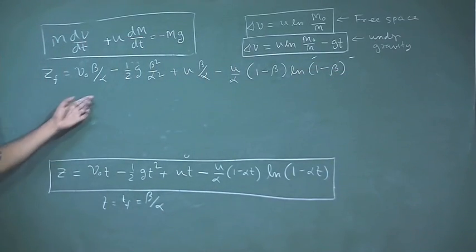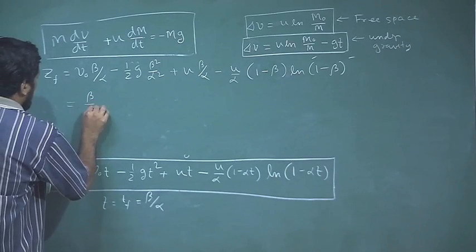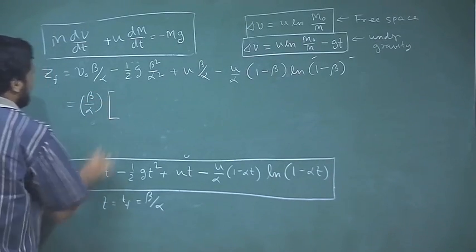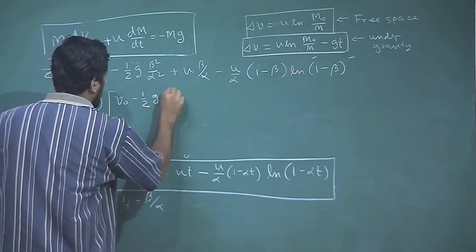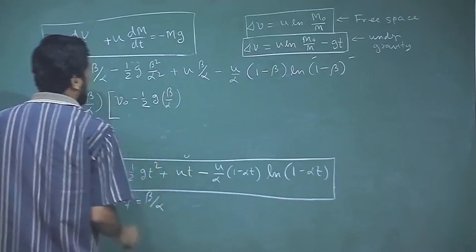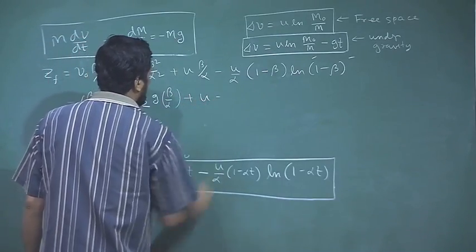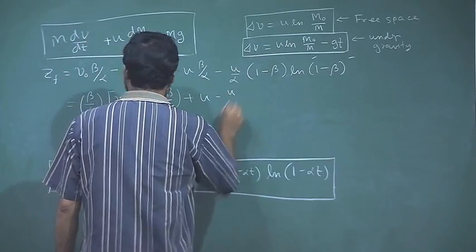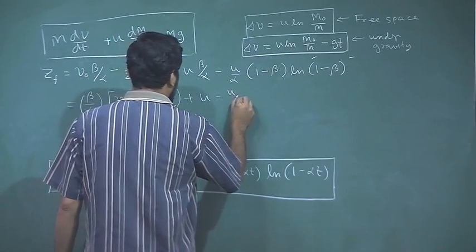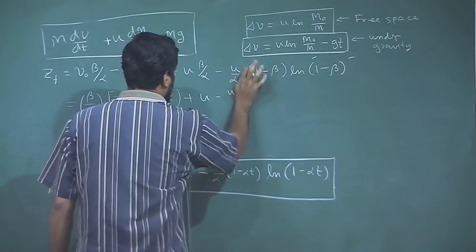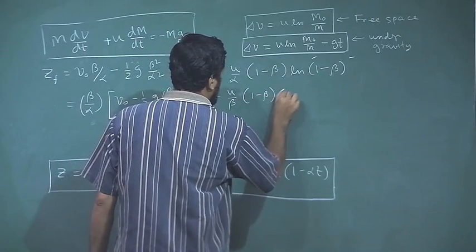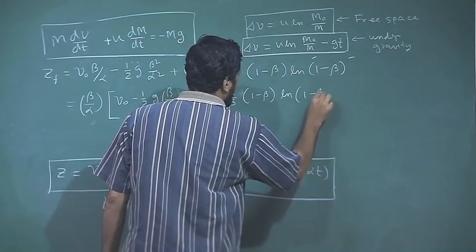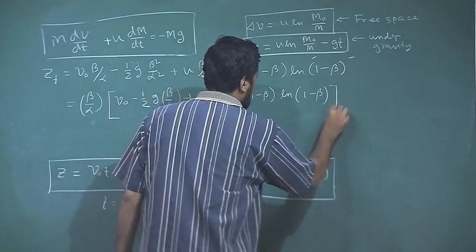Okay. So, this is the expression, and if we take beta by alpha common, we have V0 minus half g beta by alpha plus u minus u by beta into 1 minus beta ln 1 minus beta.